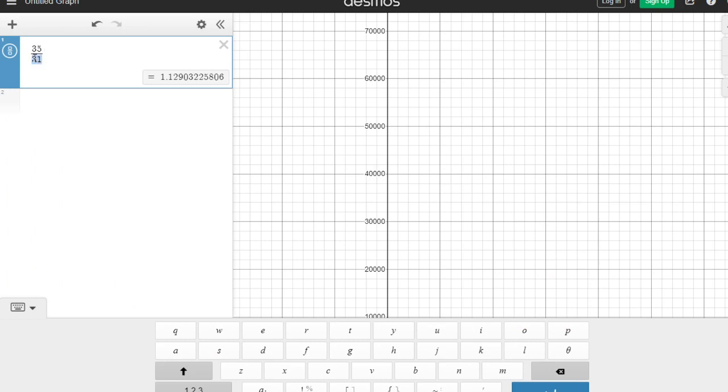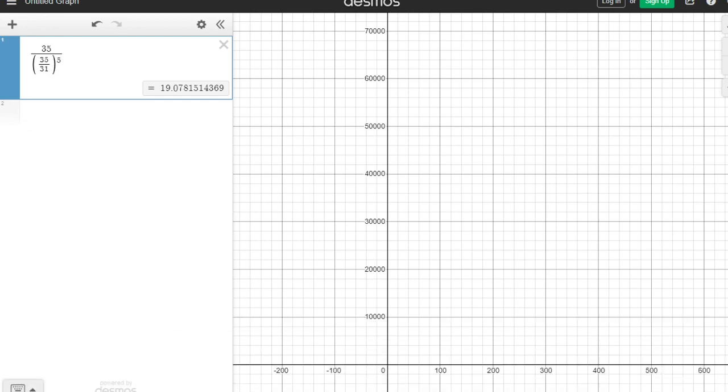Well, there I already have 35 divided by something, so let's put that 35 31st in parentheses, and then raise that parentheses to the 5th power. Now be careful when you're typing it into Desmos that the fifth power is only applying to the denominator there, and that it's not applying to the whole numerator.